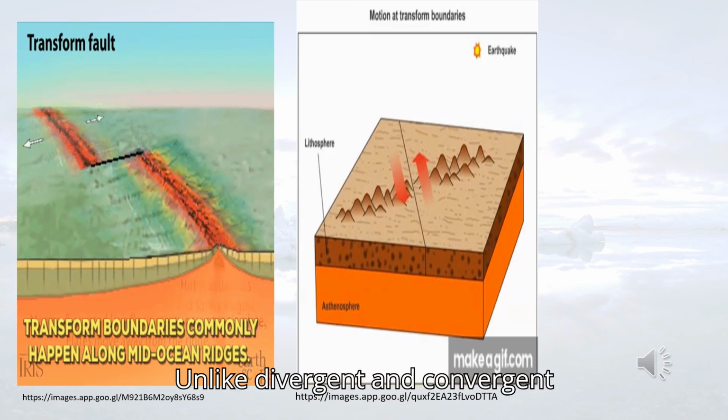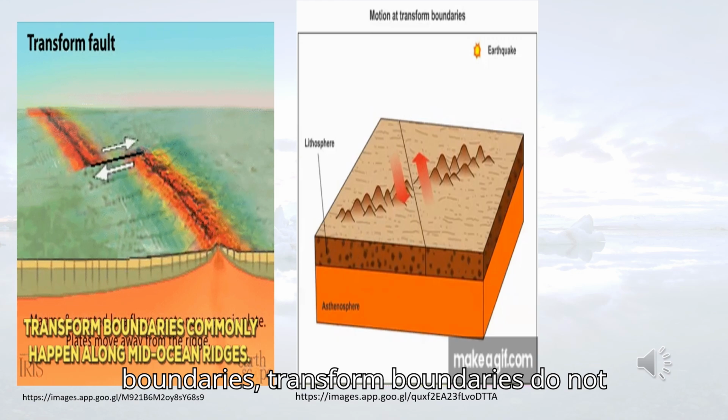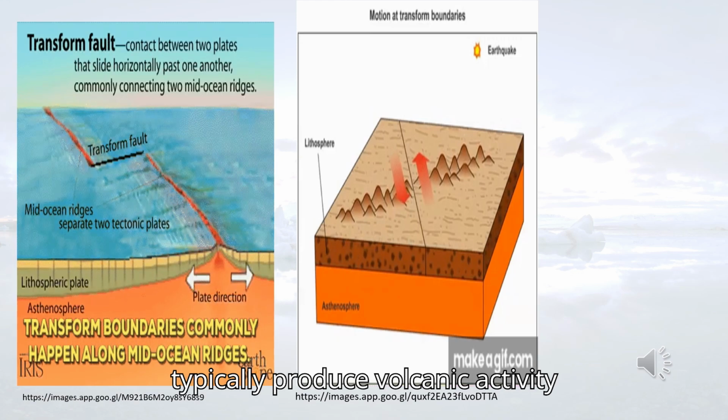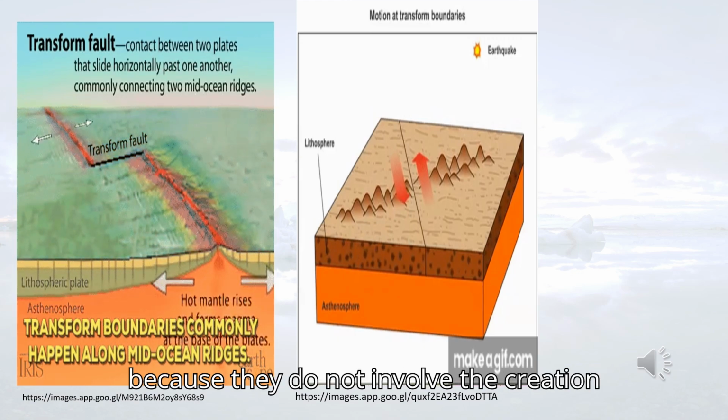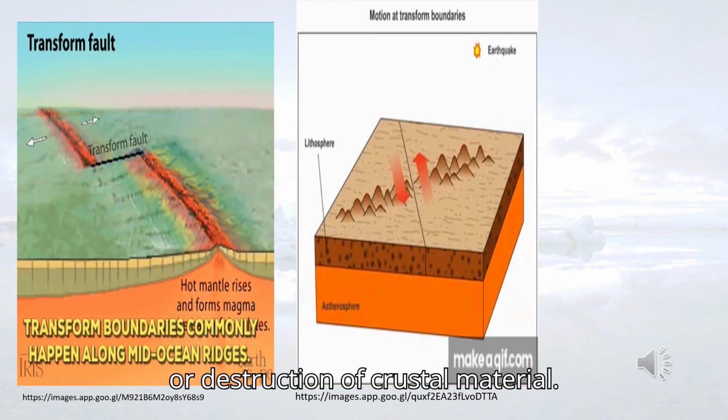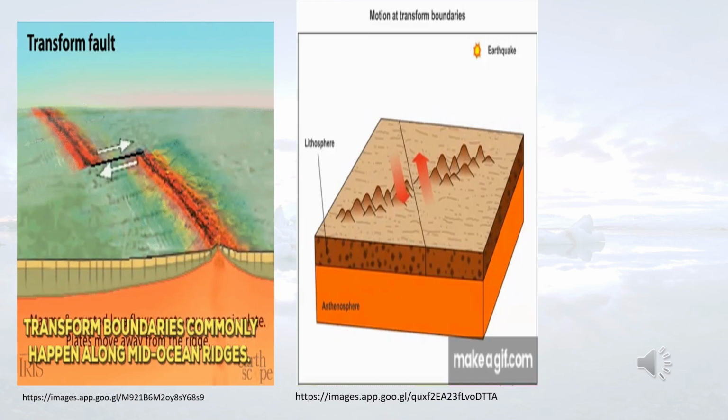Unlike divergent and convergent boundaries, transform boundaries do not typically produce volcanic activity because they do not involve the creation or destruction of crustal material.